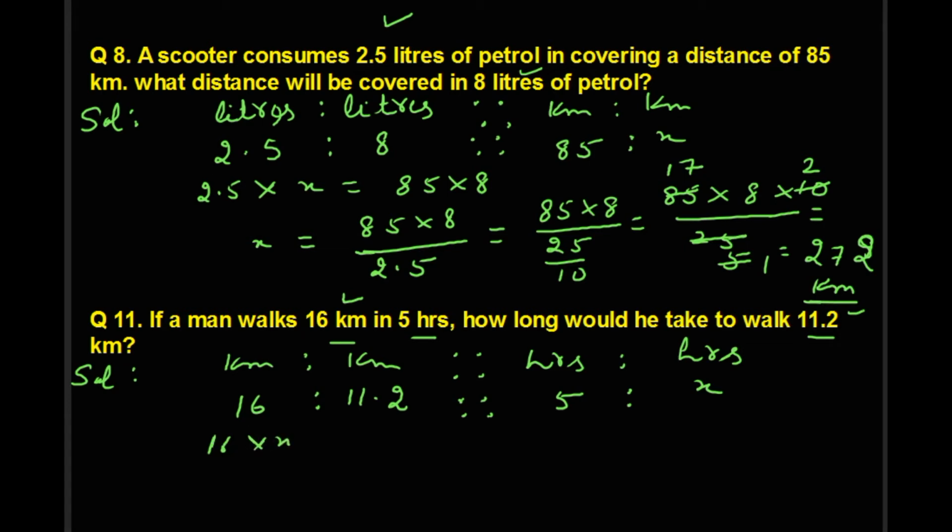Here we put x. So product of extremes, 16 multiplied by x, equal to 5 multiplied by 11.2.